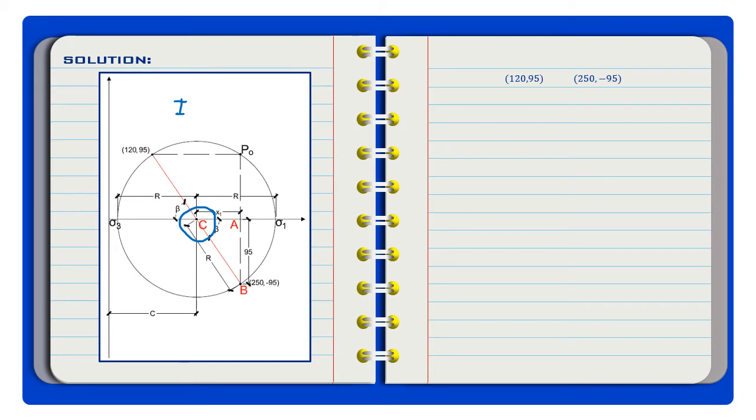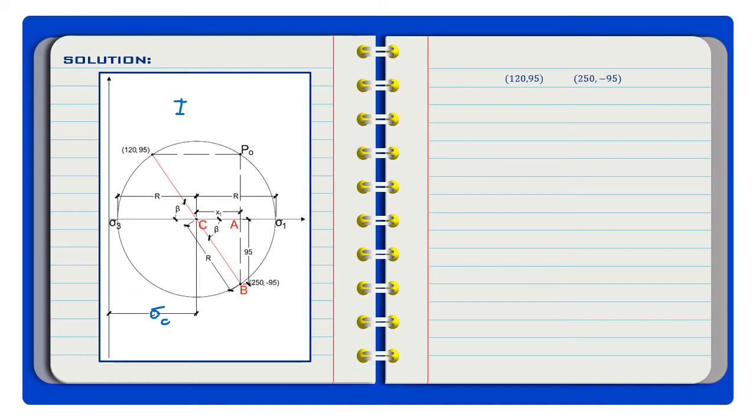So, we have to determine its coordinate. Automatically, the ordinate of the center of the circle will be 0, kasi nandito siya sa point na to. So, we just have to determine the value of sigma c, which is this one.